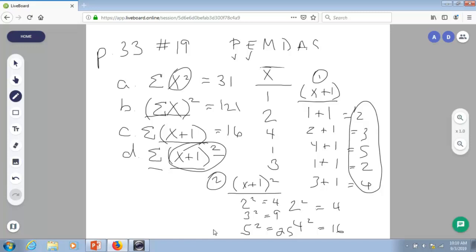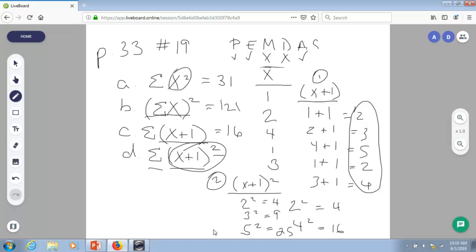Okay, now do we have any multiplication? No. Do we have any division? No. Do we have addition? Yes, we have addition that we need to take care of. So we are tasked with adding up all of these scores that we just squared.